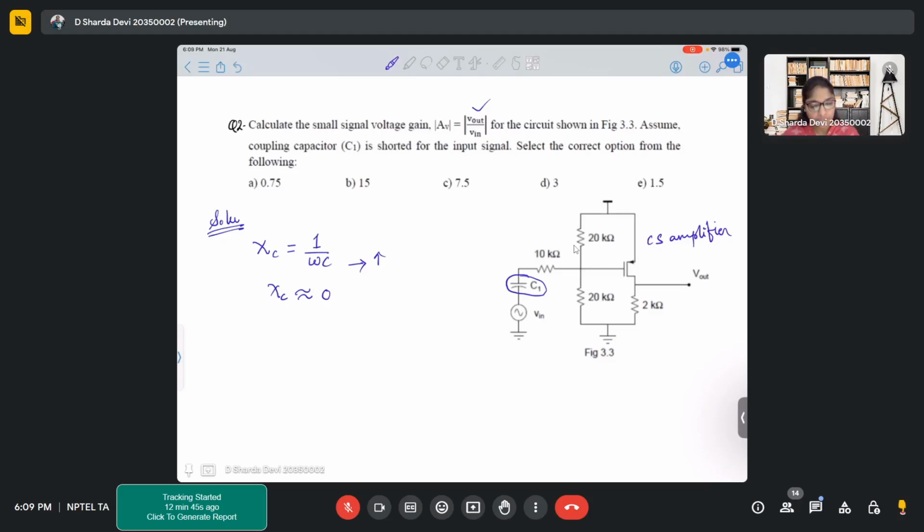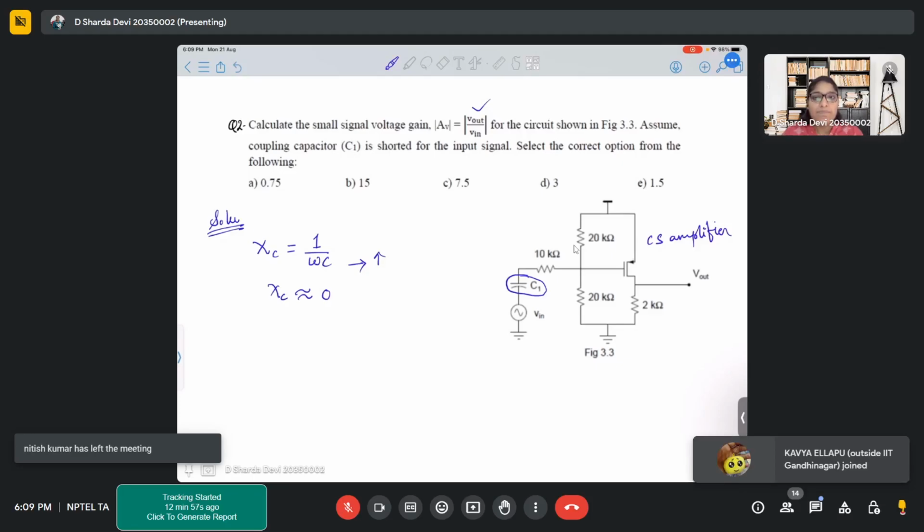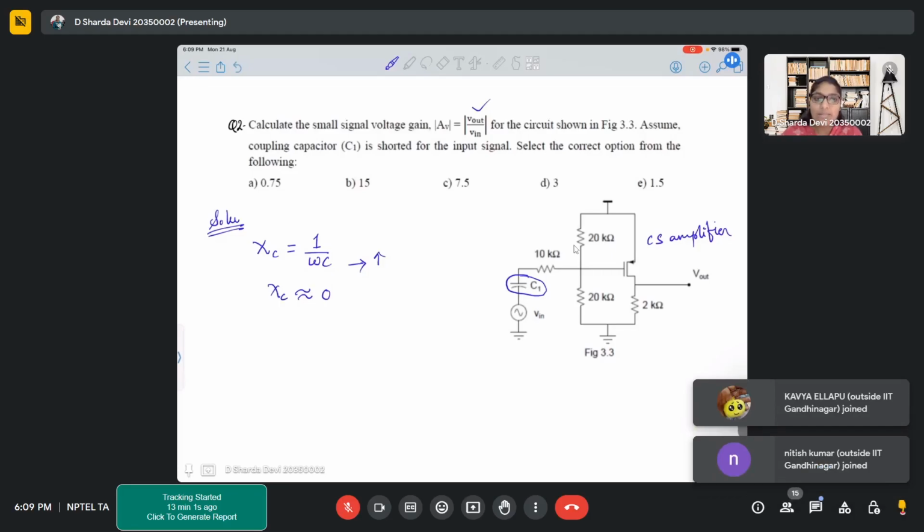Okay, so we were discussing that there must be a certain frequency beyond which your capacitor acts as a short circuit. The capacitor is not always a short circuit, but it is at higher frequencies.